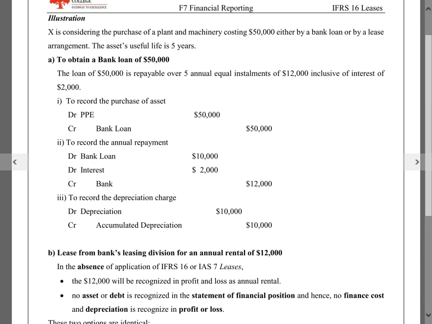X is considering purchasing an asset for 50,000, either by a bank loan or by a lease arrangement, a rental arrangement. A is to borrow to buy, B is to lease from the bank's leasing division at an annual rental of 12,000.